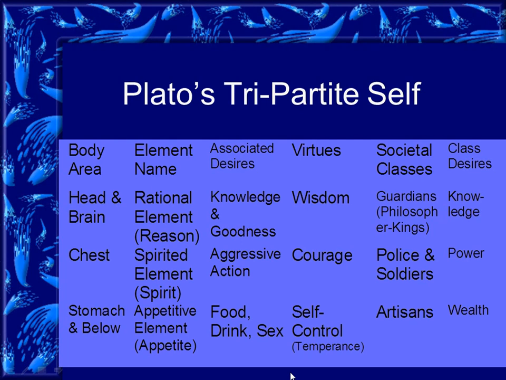And here we're talking about the appetites for everything from the stomach down, right? Appetites for food, drink, but also sexual fulfillment. And so his idea, this is where we get the butcher, the baker, and the candlestick maker. In other words, these people who are dominated by the appetitive element are very materialistically motivated.